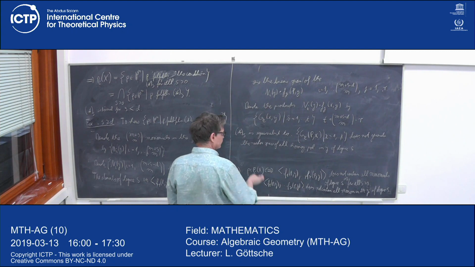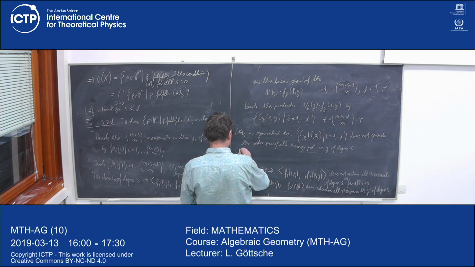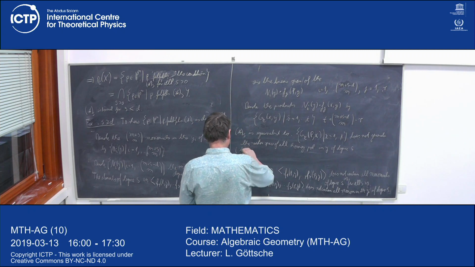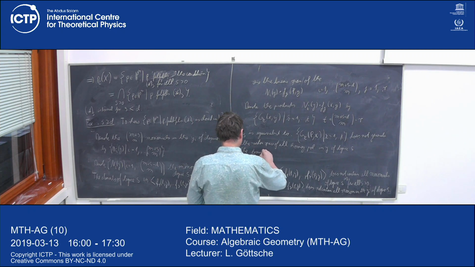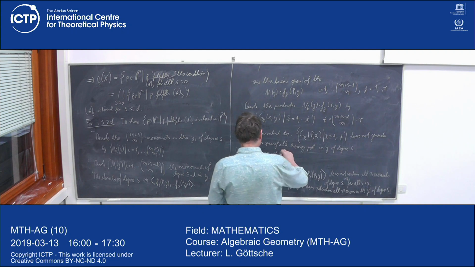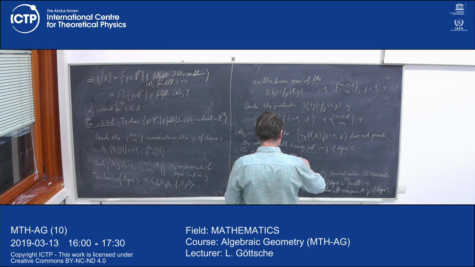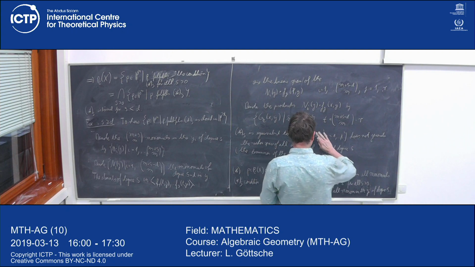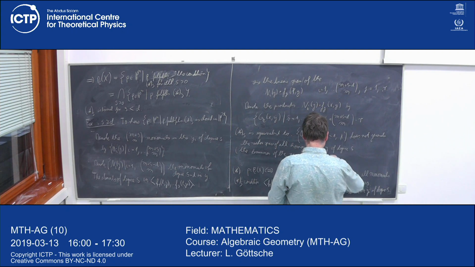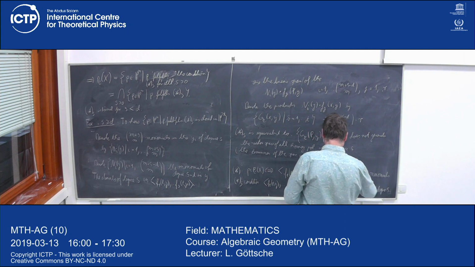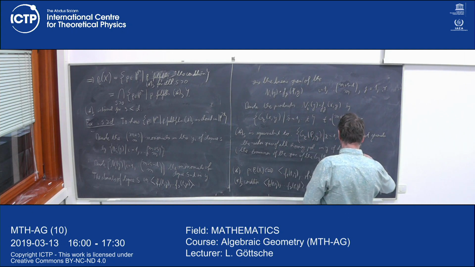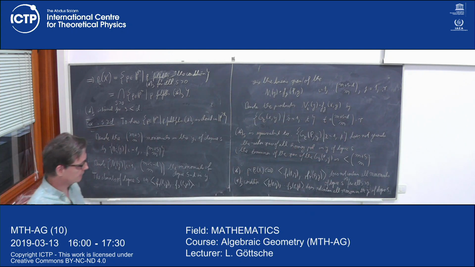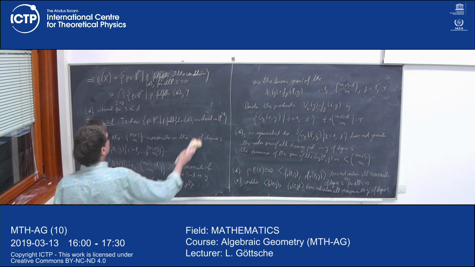In other words, or equivalently, the dimension of this vector space, of the span of the gk of x y, is smaller than m plus s choose m, the dimension of the space of all polynomials of this degree. Okay.